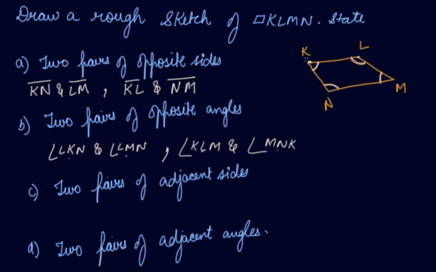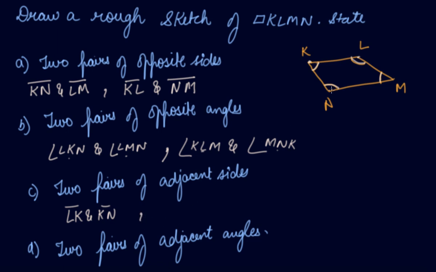Now two pairs of adjacent sides. Adjacent sides, I've told you in the previous video, are the sides that have one point in common. So LK and KN are the adjacent sides because point K is common.